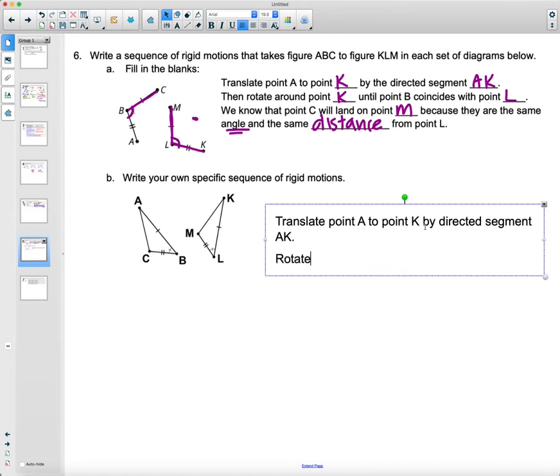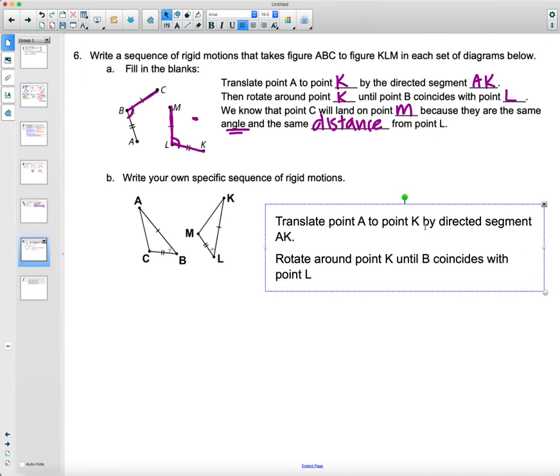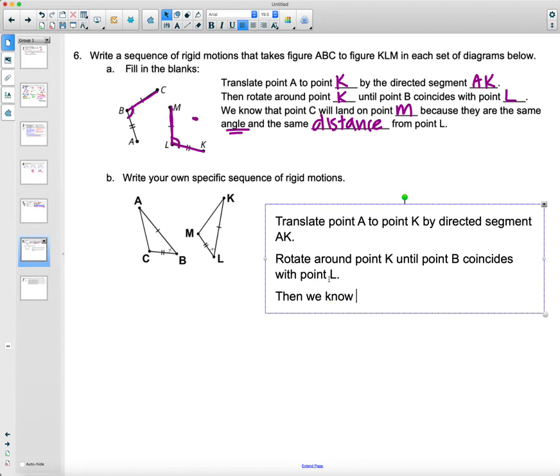So now we're going to rotate around point K, since that one's matching, until B coincides with point L. You can put point B in front of here if you want. Now we've got A on K and B on L. Then we know C will land on M.